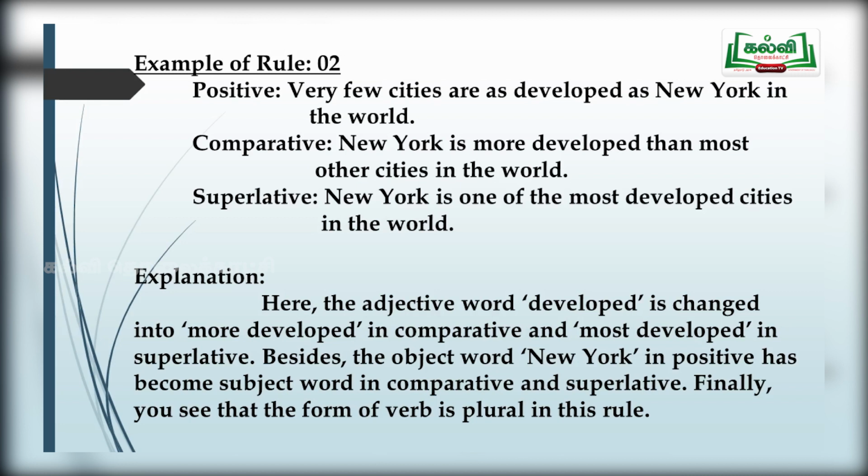One of the smallest. One of the most intelligent. Do you understand? A small change there. One of, that's all. The will remain as it is. You will add one of the.